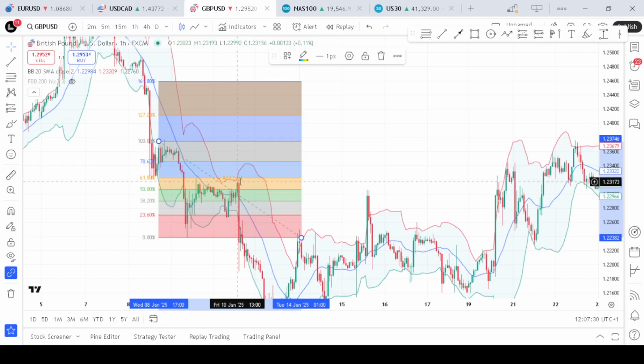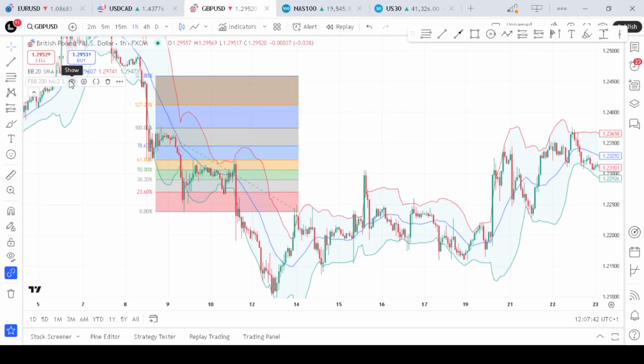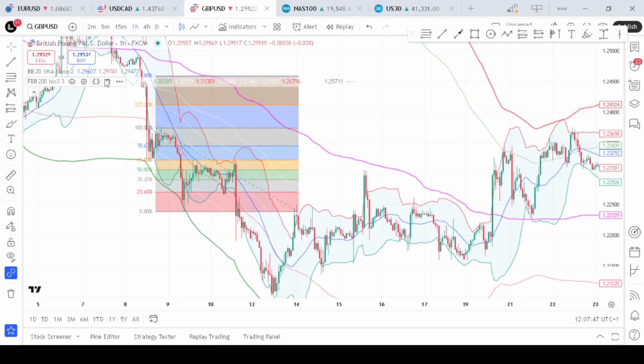So combining these two indicators can help us get a more precise trading opportunity. There's also an indicator that combines both for you, which was the one I showed earlier, but it's always good to combine it yourself to make your charts easier to read.